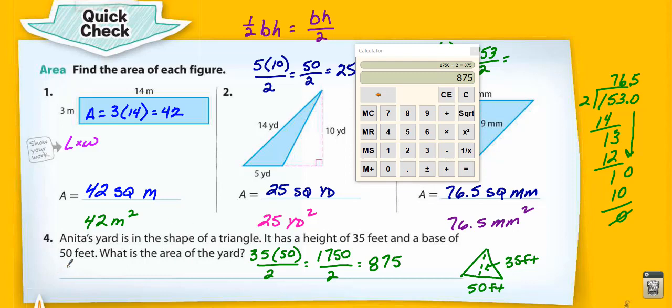So Anita's yard has an area of 875, and this is in feet, so it would be square feet, or it could be written as 875 feet squared. So there you go.